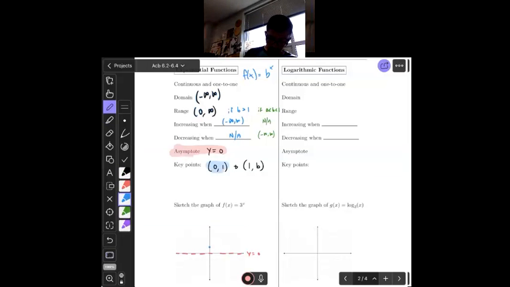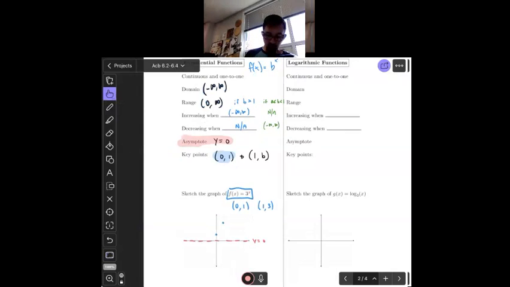I'm looking at 3 to the x, so 0, 1, and then 1, b would be 1, 3. We can use those two points and what we generally know about exponential functions to just sketch this out. We don't need more information.